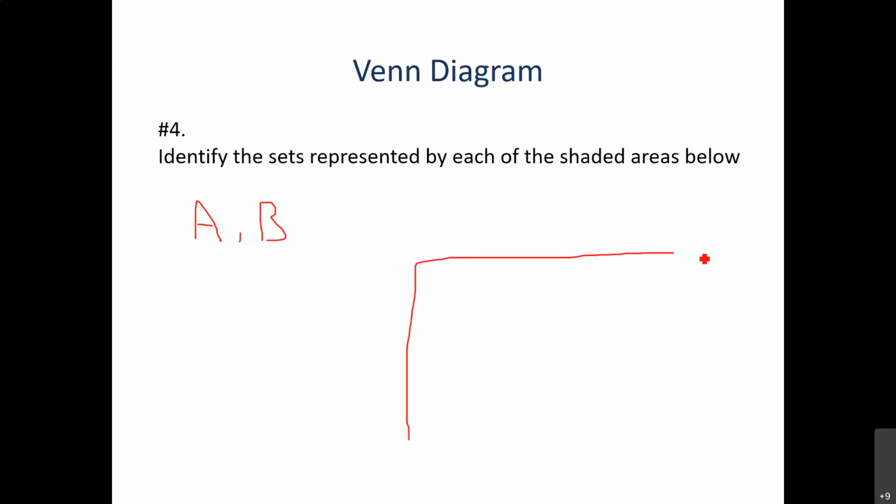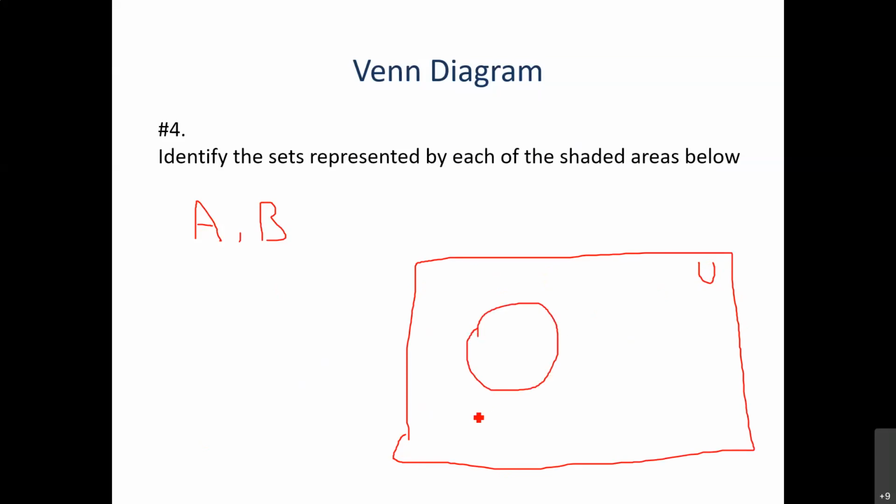We make this big rectangle, and in the corner, you say U. This is everything, your universal set. It's everything where A and B live. Then we have the set A, we have the set B. We do this sort of intersection because they could have some elements in common. Then here there could be some elements that are only in A, some elements that are only in B.